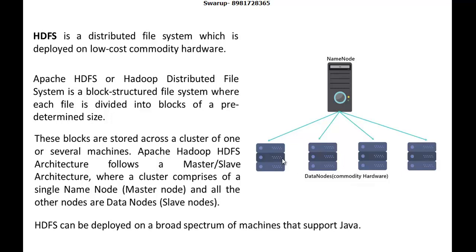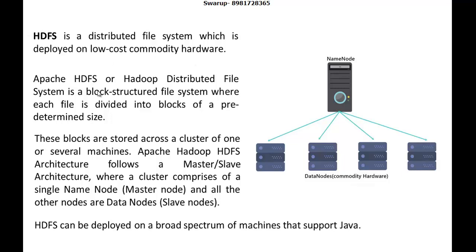HDFS has to ensure that the file is broken into different blocks, and those blocks will have some specific size, and the blocks have to be stored within the systems in this network. That is what gives birth to the name node, which is the master node, and the other nodes are data nodes, which are slave nodes. Within the slave nodes, the data nodes, we will be storing our files, and this whole system is implemented with the help of Java.